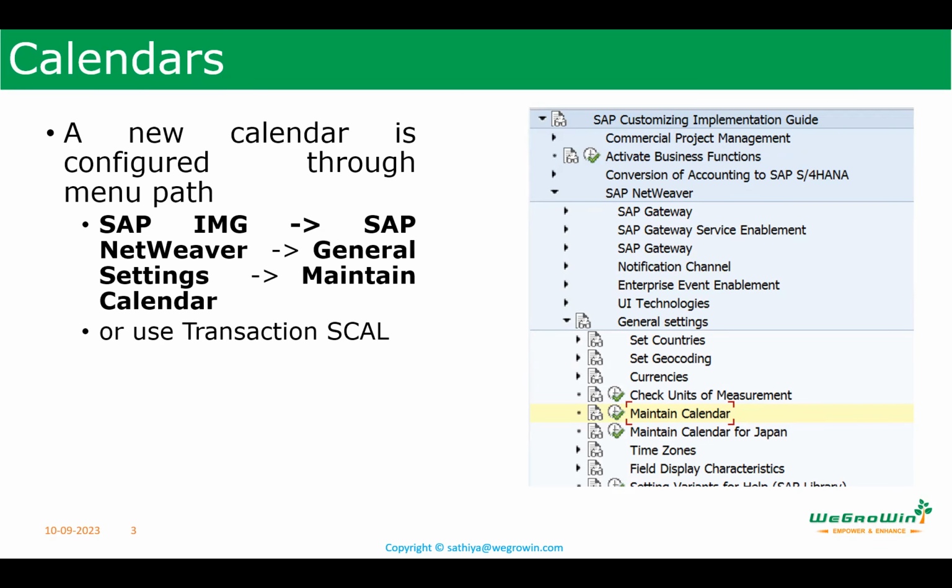See, go see the menu path. It is the same NetWeaver, the same general settings. I understand that, sir. SCAL is the transaction for calendar, but I ask because we have seen it in MM and PP, so I'm asking if we have to generate at both places or only one is enough. Now I understand, sir.